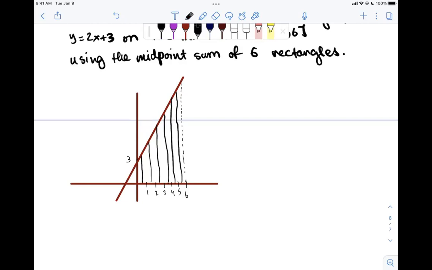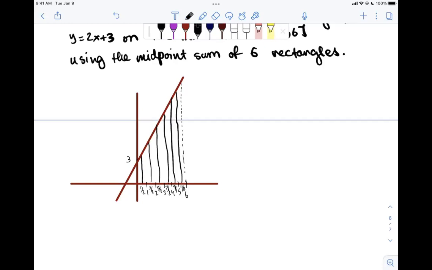So let's do that. At each of these values, so 1/2, 3/2, 5/2, 7/2, 9/2, and 11/2, we're going to find the value of 2x plus 3, because that's going to be the height of our rectangle.